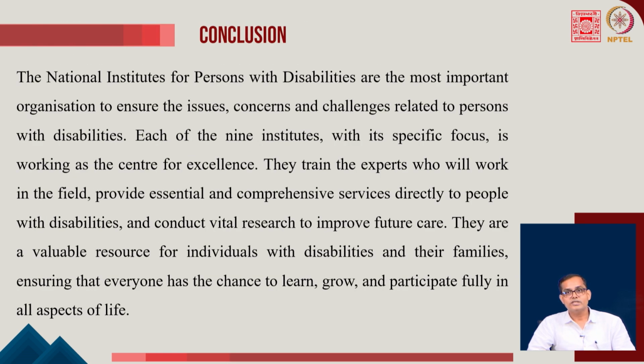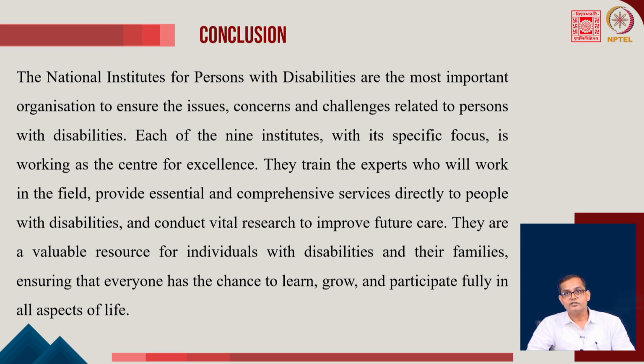In conclusion, we can say the National Institutes for Persons with Disabilities are the most important organizations to address the issues, concerns and challenges related to persons with disabilities. Each of the 9 institutes, with its specific focus, is working as a center of excellence in a particular disability area.